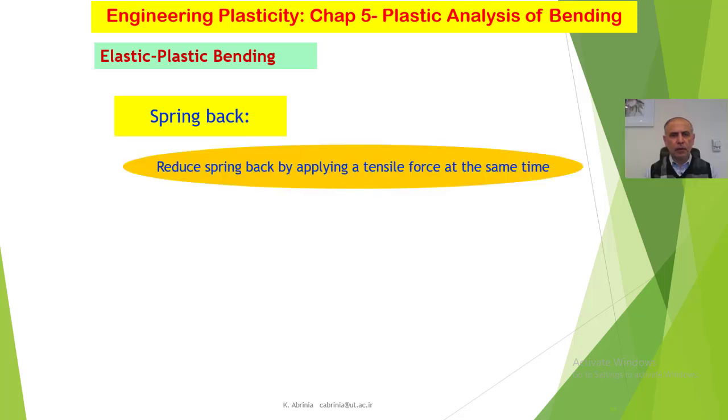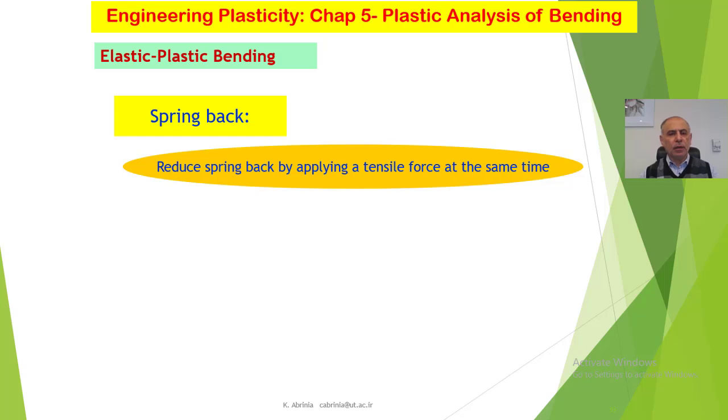So far we have talked about what spring back is and how we can calculate it for simple cases. Obviously, for complicated cases, we should use finite element simulations and numerical analysis. It's very hard to compute spring back for complicated cases using analytical methods.